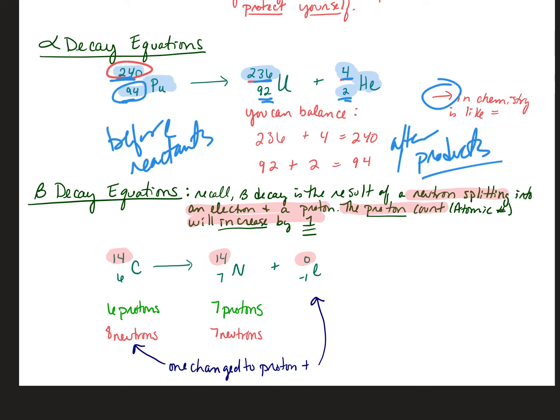But down below, we can see that we started with 6 protons, but we end with 7 protons and a -1 charge from that electron. So if we add together 7 and -1, that still equals 6. And so this is a balanced equation, and we're good to go.